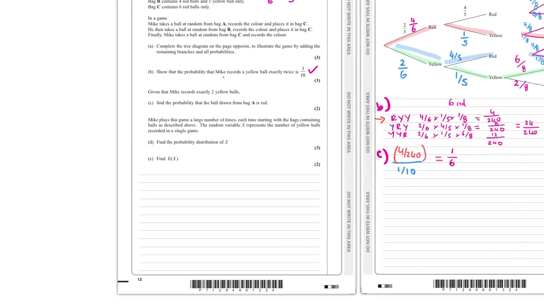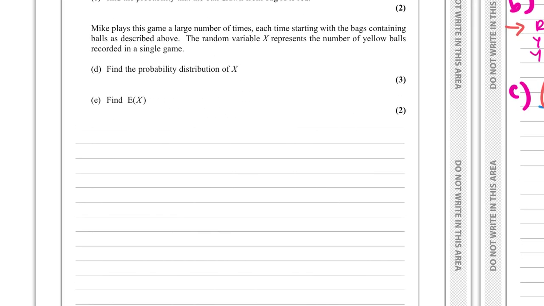Okay, next part. So Mike plays this game a large number of times, each time starting with the bags containing balls as described above. The random variable x represents the number of yellow balls recorded in a single game. Find the probability distribution of x.